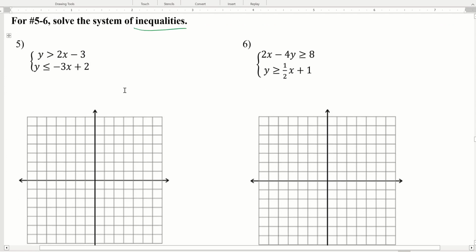If we graph this first one, it's nice because it's already set up in slope-intercept form. So our y-intercept is at -3, and our slope is 2, so rise 2, run 1. I'm going to do just a couple more points just in case. Now, if it's greater than or less than, we have a dotted line.